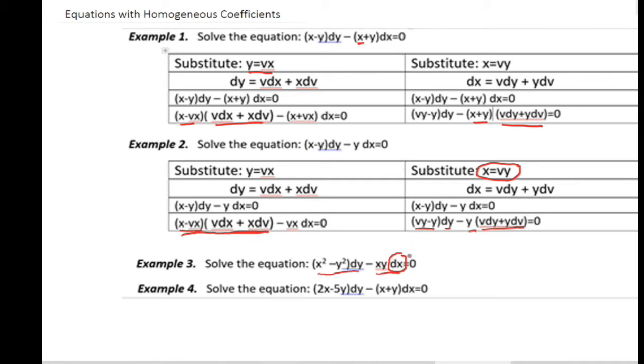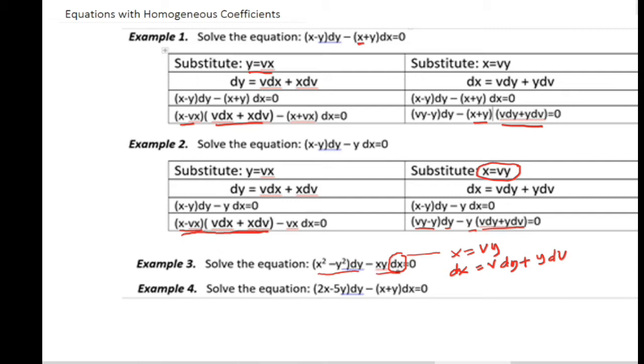So our substitution should be x = vy, so that dx = v dy + y dv. We will come up with only a monomial multiplied by a binomial.